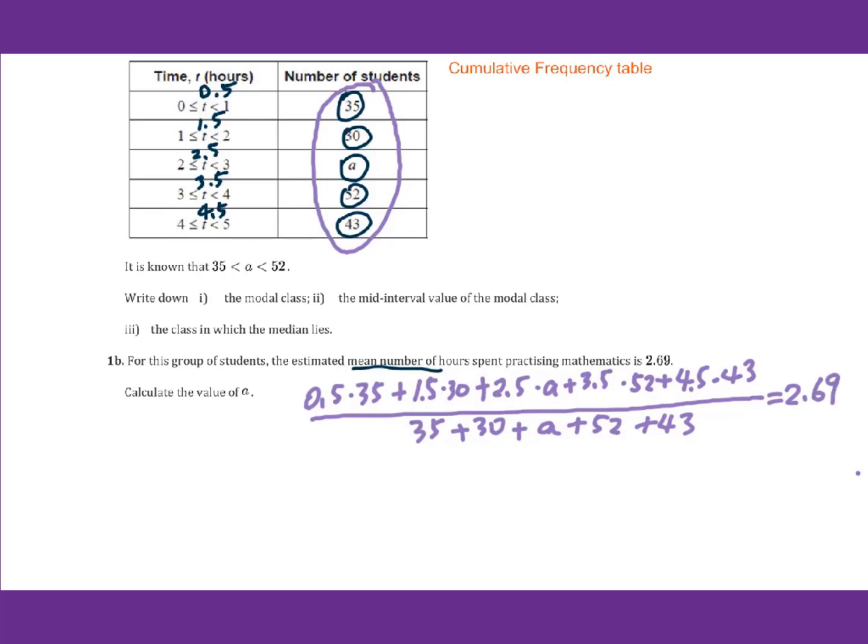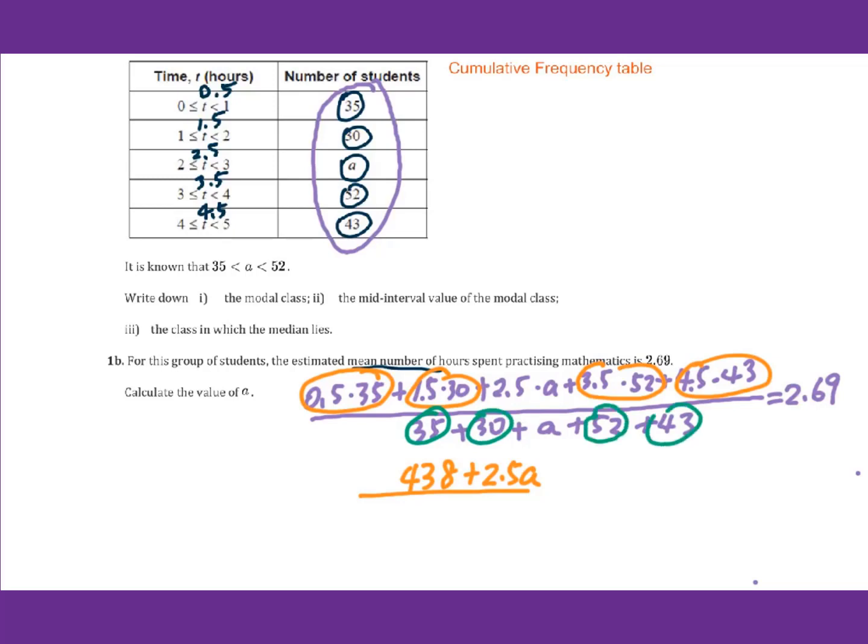Then work this out. We add all this together. You will get 438 plus 2.5A. If you add this together, you will get 160 plus A, equals 2.69.